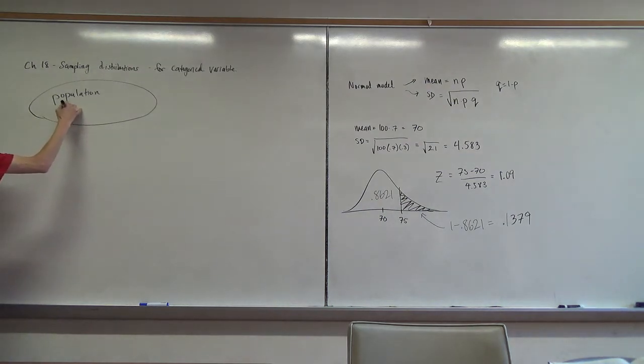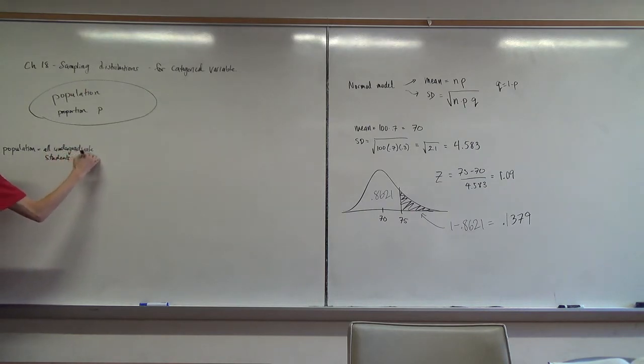There's a proportion P, okay? So maybe our population is all undergraduate students at UCLA, and the proportion we're interested in is the proportion of transfer students.